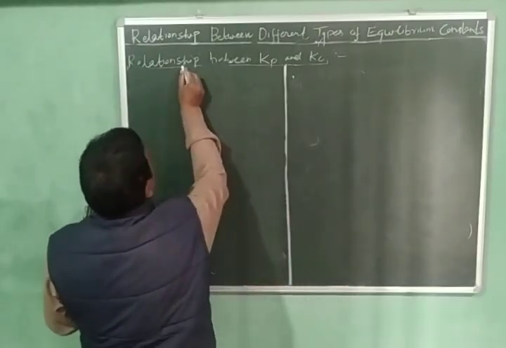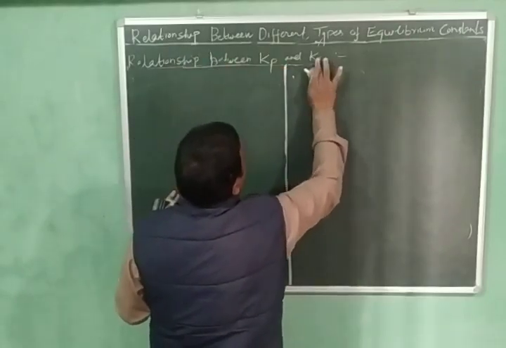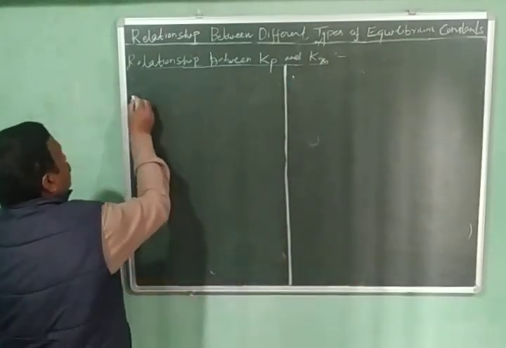That is the relationship between Kp and Kx. So I am writing the Kp again.